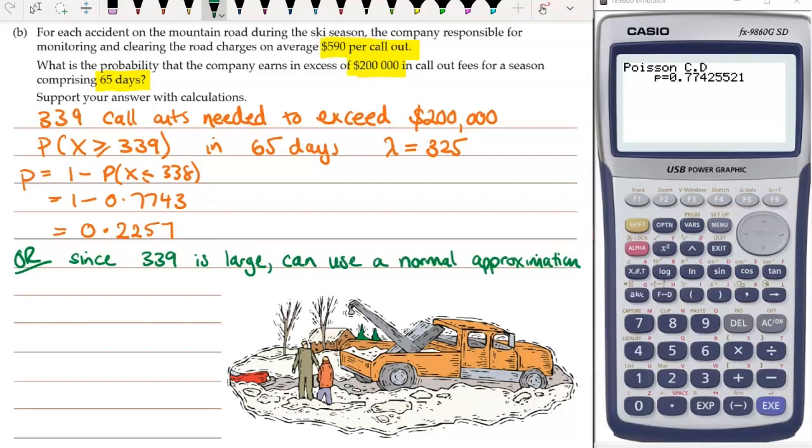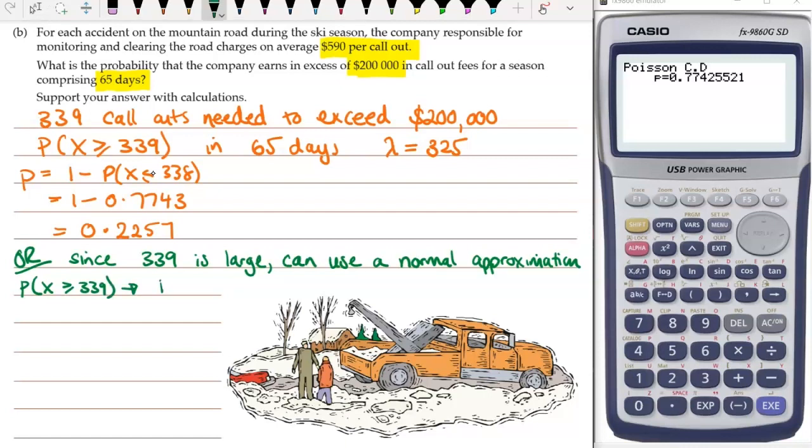And this idea came from times before we had calculators that could do these large numbers easily for you. But what we can recognize is when we're dealing with large numbers like this, we can use a normal approximation instead.